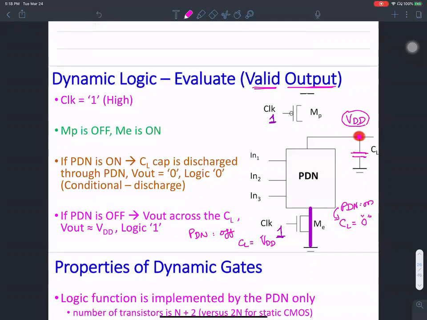On the other hand, if the pull down network is on, if this composite switch is on, then the output will be driven down to ground. So this is how the logic is implemented. The output is only valid during the evaluate phase. Does that make sense? Questions, please.